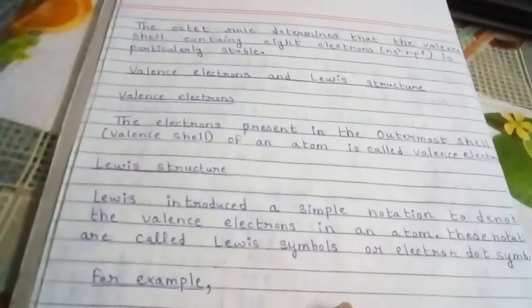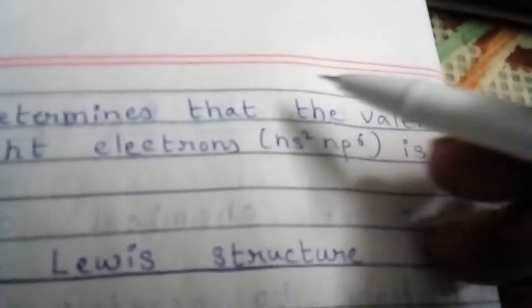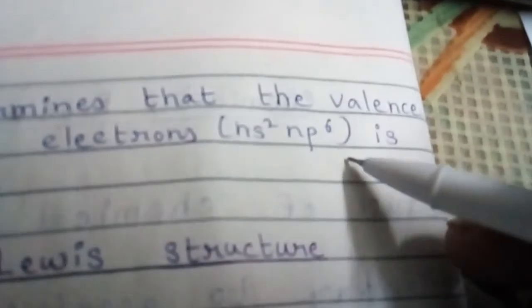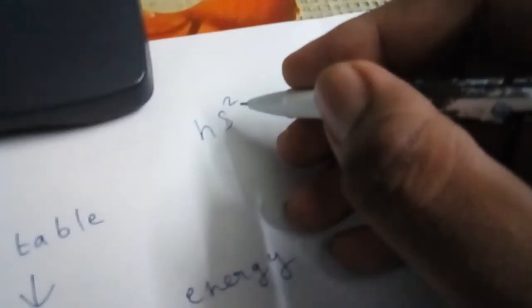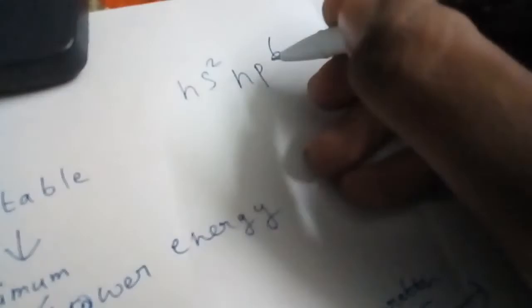Now the next topic is the octet rule's electronic configuration, which means ns2 np6. Suppose ns2 np6.